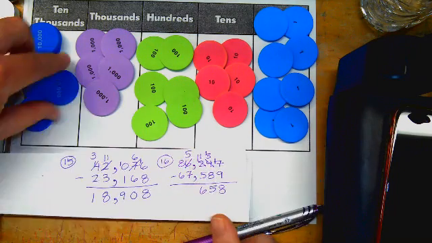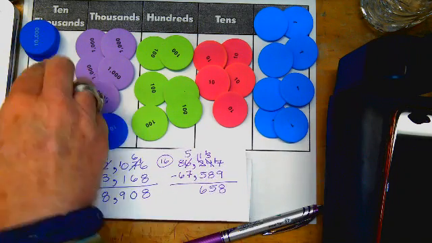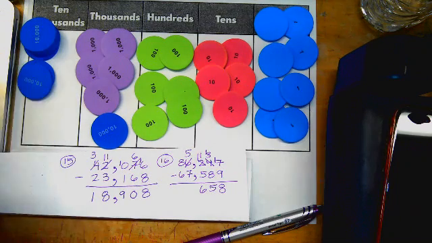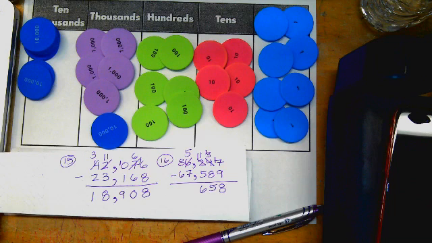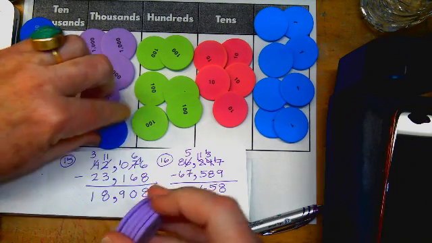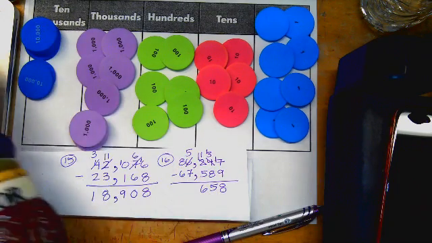I have 5, right? I can see the chips. Now I have 5 over here, but I have to take 7. Oh no, not a problem. I'm going to grab one of these ten-thousands, and that means I'm going to have 2 stacks of 5, or 10.